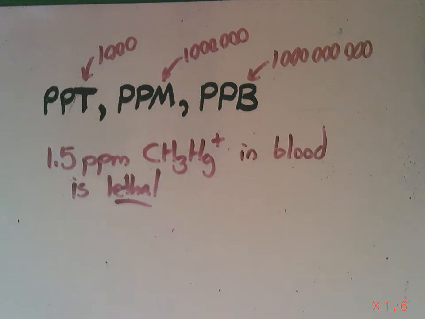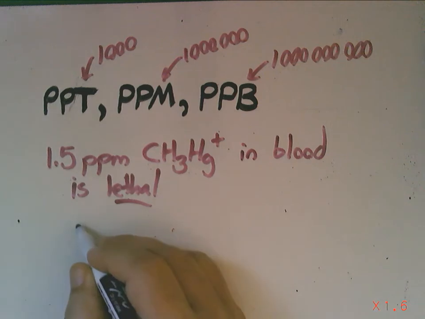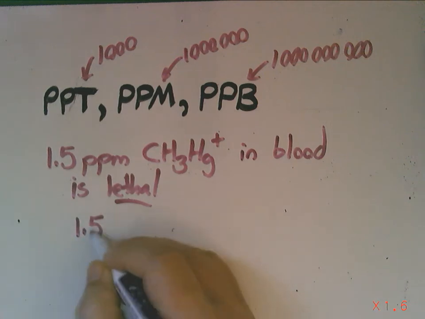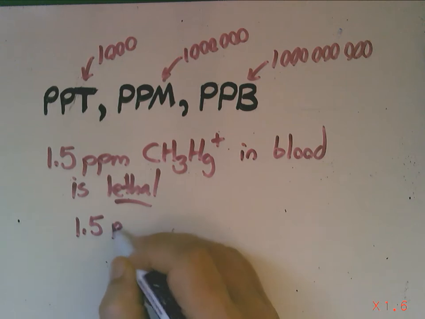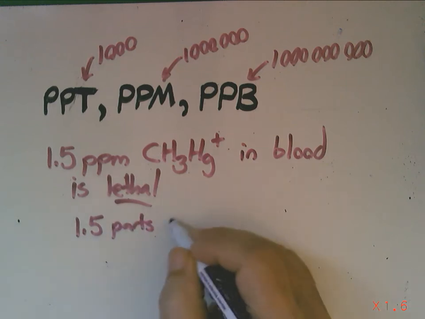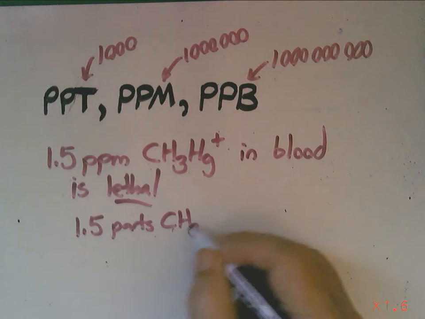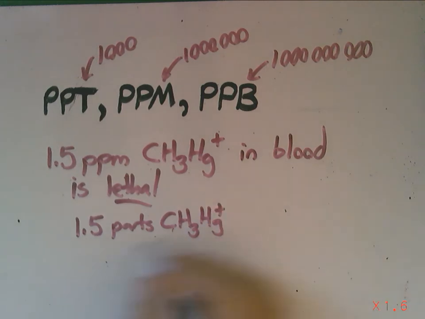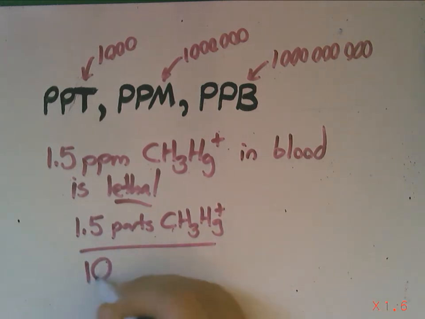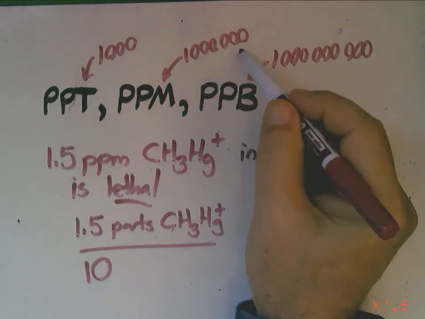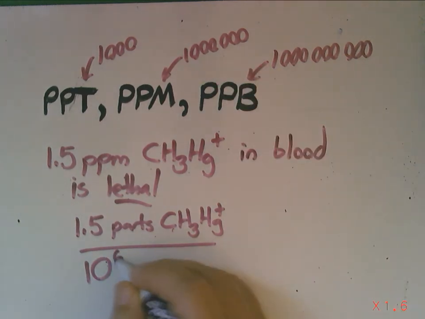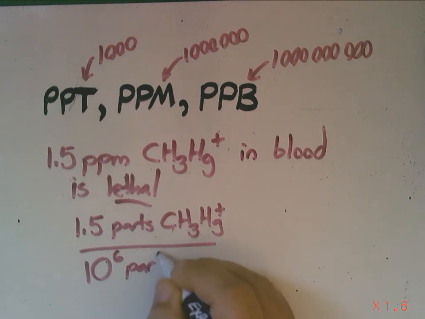Where does the mercury come from? All kinds of different sources. Burning coal is a big one, though. All right, let's suppose that we have this. What does this mean in the first place? It means that you have 1.5 parts of methylmercury per million parts, and instead of writing the 1 with the 6 zeros after it, I'm going to write 10 to the 6 parts blood.